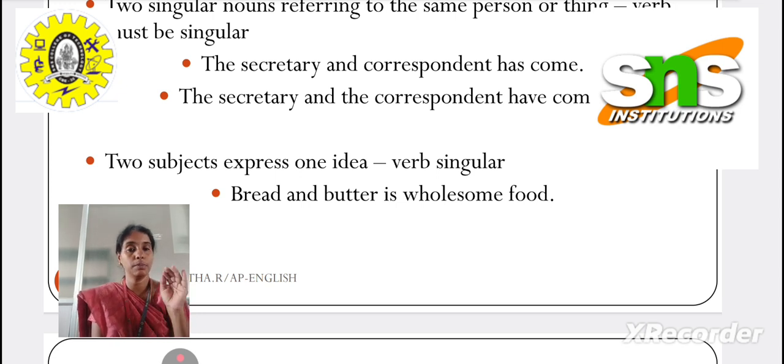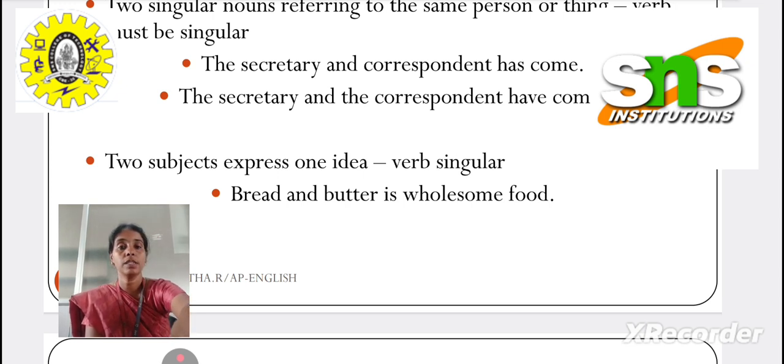Bread and butter, you have two different food items, one is bread and one is butter, but the idea is that bread and butter belong to one idea, that is food. Food is the subject here. Two different varieties of food, but it is food. So the subject is one. Two subjects express one idea, so that is singular, and we are supposed to use a singular verb.